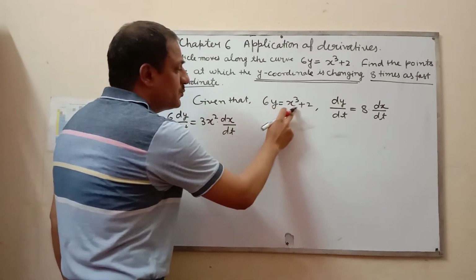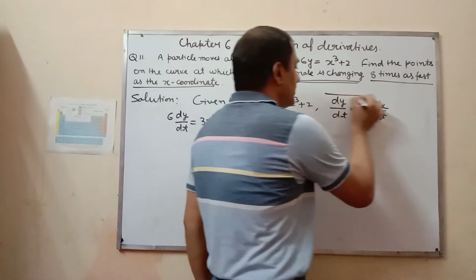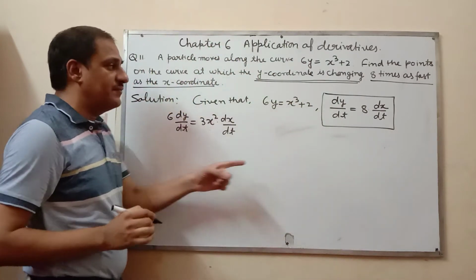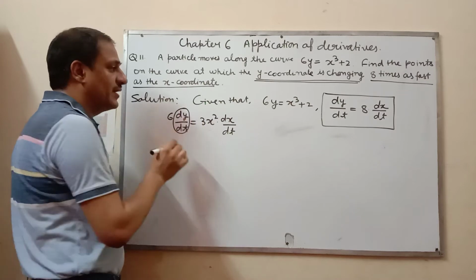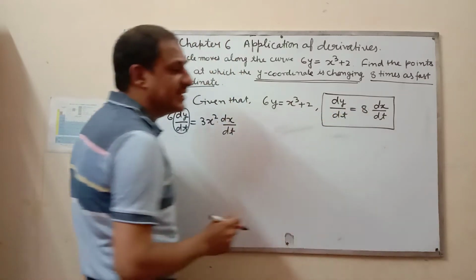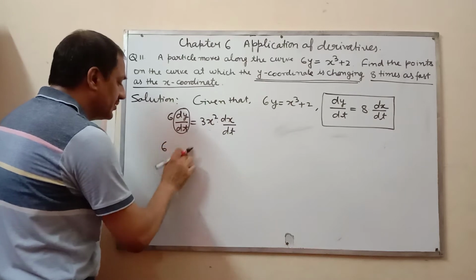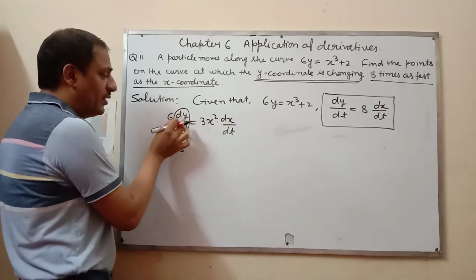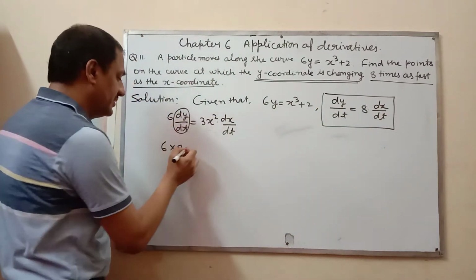Now by using this, in place of dy/dt, we are going to put the value dy/dt = 8 dx/dt. So 6 into 8 dx/dt.